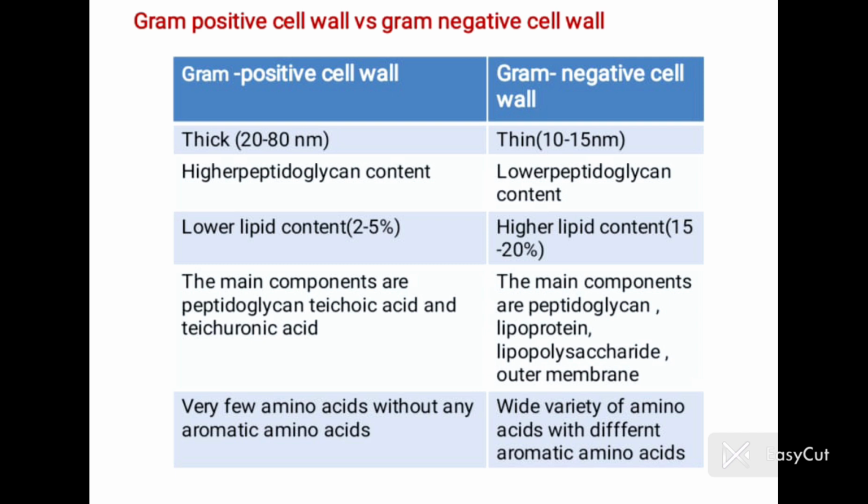In the gram-positive cell wall, the main components are peptidoglycan, teichoic acid and teichuronic acid. In the gram-negative cell wall, the main components are peptidoglycan, lipoprotein, lipopolysaccharide and outer membrane. The gram-positive cell wall has very few amino acids without any aromatic amino acid, and the gram-negative cell wall has a wide variety of amino acids with different aromatic amino acids.